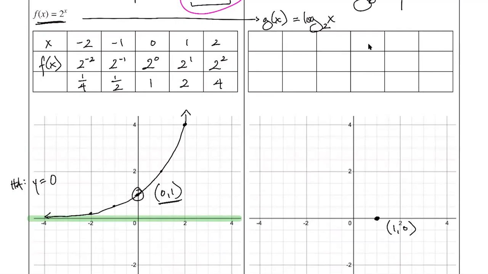That means that for the x value of 1, I have a y value of 0. So log base 2 of 1 equals 0.